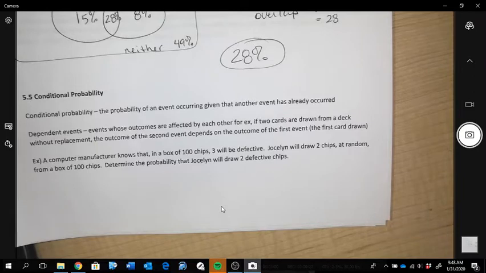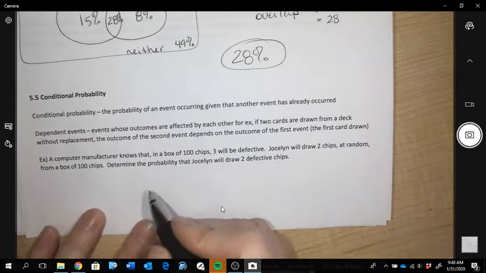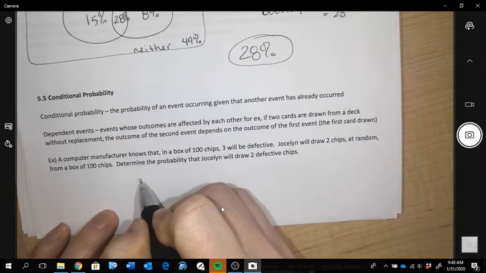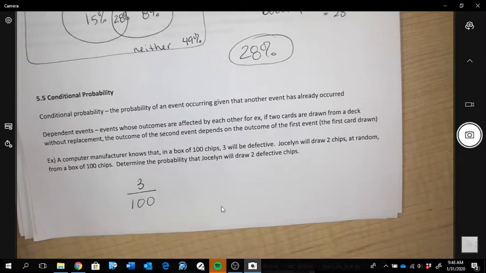on your first draw. Okay, example 1: a computer manufacturer knows that in a box of 100 chips, 3 are defective. Jocelyn will draw 2 chips at random from a box of 100. Determine the probability that Jocelyn will draw 2 defective chips. Okay, so on the first draw, she will have a 3 out of 100 chance that she's picked a defective one.